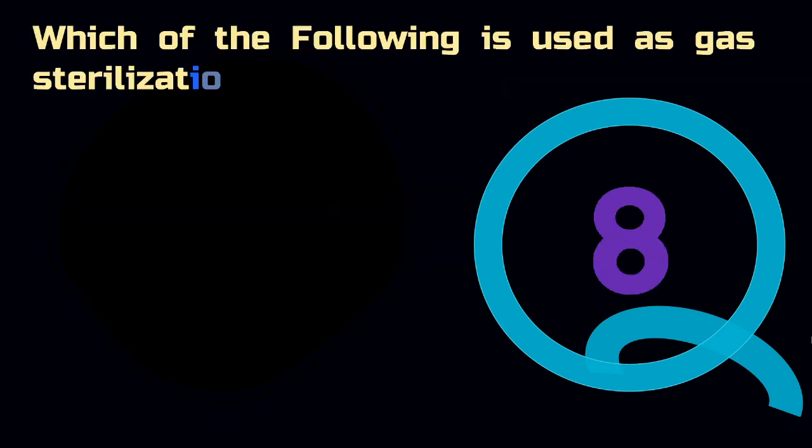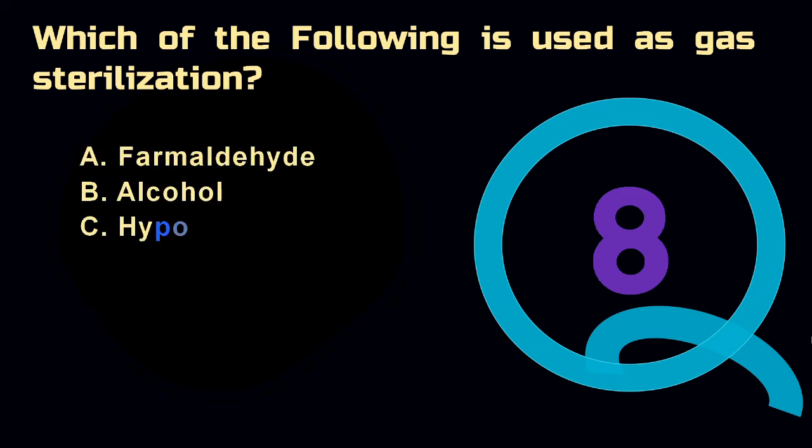The next question is, which of the following is used as a gas sterilization? Option A, formaldehyde, option B, alcohol, option C, hypochlorite, and option D, H2O2. Hydrogen peroxide sterilization, also known as hydrogen peroxide gas sterilization, is a low temperature sterilization process which is commonly used to sterilize heat sensitive devices.